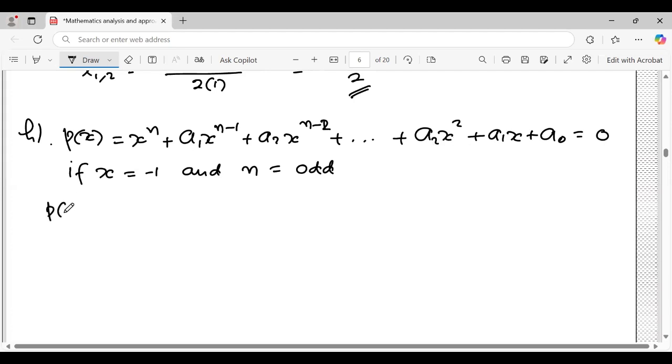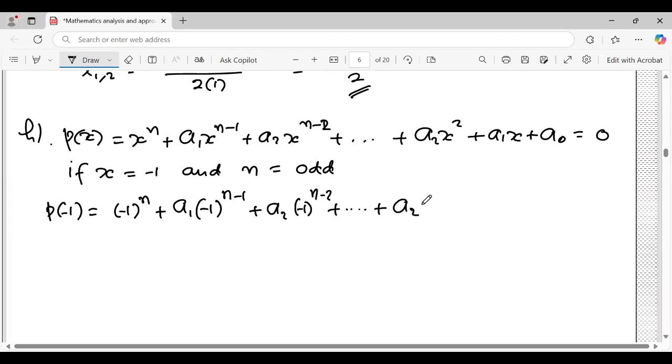So it means p(minus 1) becomes minus 1 power odd number, plus a(n minus 1) times minus 1 power odd number minus 1, plus a(n minus 2) times minus 1 power odd number minus 2, and so on, plus a2 times minus 1 squared, plus a1 times minus 1, plus a0, because x to the power 0 is 1.